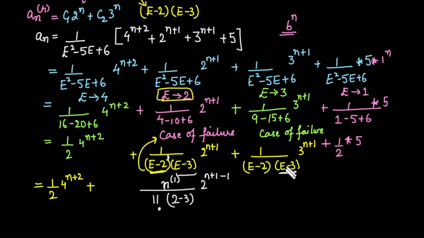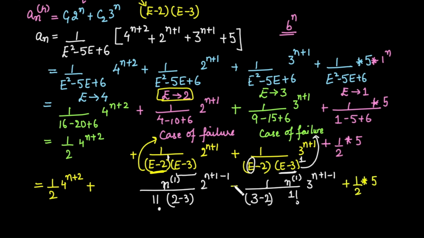The same concept is applicable in the next case. Due to this factor, it is getting 0. So here we will apply the case of failure. But in this case, e is replaced by 3 because it is not getting 0 when substituting e equal to 3. And for this one, its power is 1. So we can take the factorial polynomial of degree 1 divided by 1 factorial, and the change here is n plus 1 minus 1, and this term is as it is.